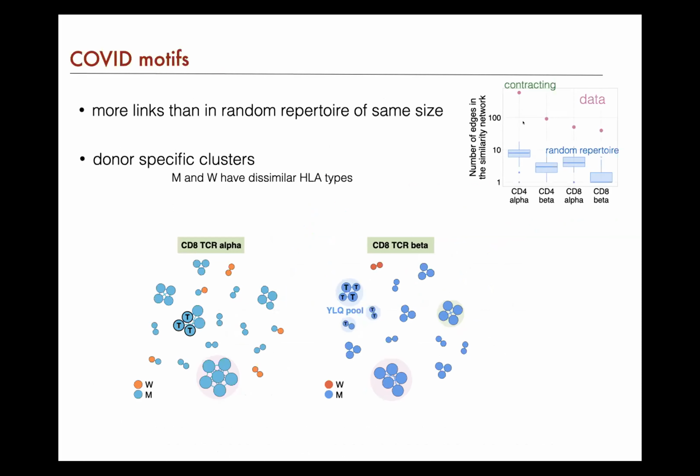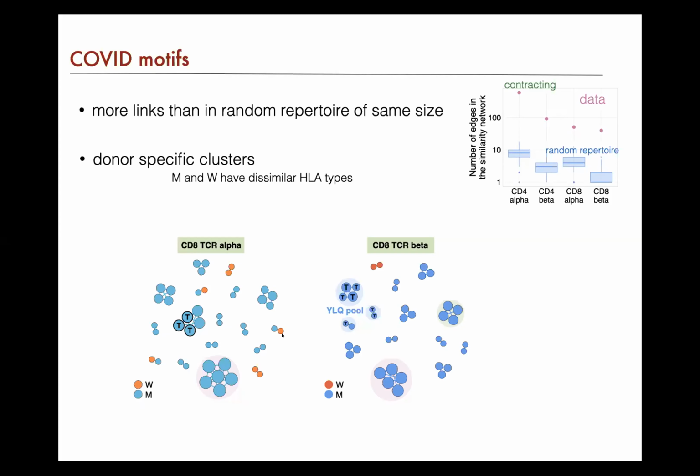We build links between similar sequences, so sequences that have the same V and J and differ by at most 2 amino acids. And we found that there are more links between these sequences than expected in a randomly sampled repertoire of a similar size. So then once we have the edges, we build clusters.